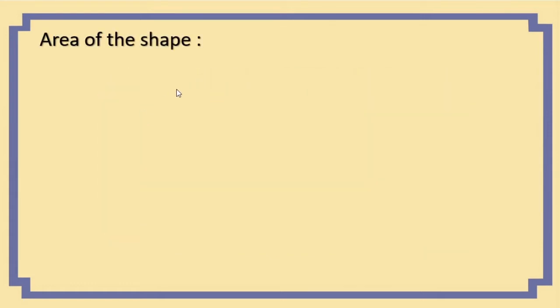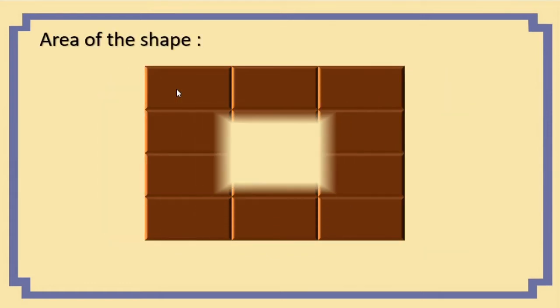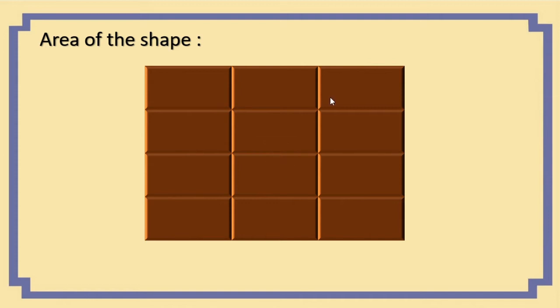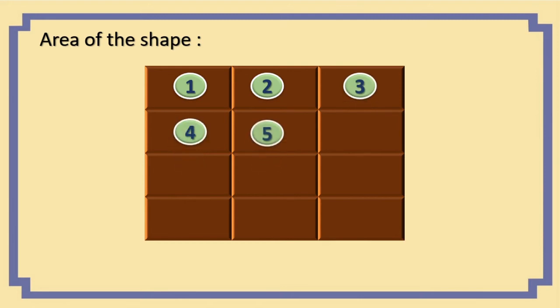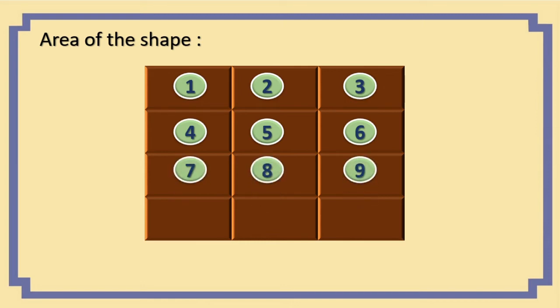Area of the shape. See here again a chocolate. Okay, here we will number the squares. See, this is number 1, 2, 3, 4, 5, 6, 7, 8, 9, 10, 11, 12.